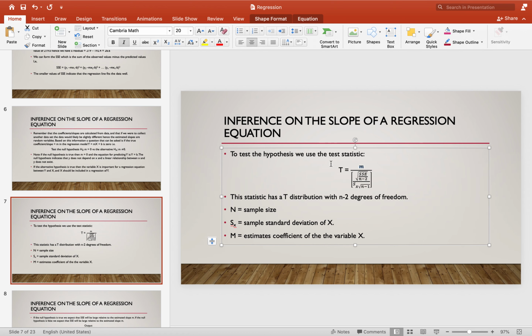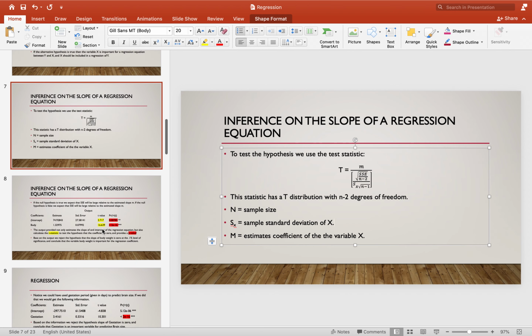This is your t statistic. Your t statistic has n minus 2 degrees of freedom. n is your sample size, s sub x is the sample standard deviation of x, and m is your coefficient of the variable x. That was provided in the regression output. That is what m is.